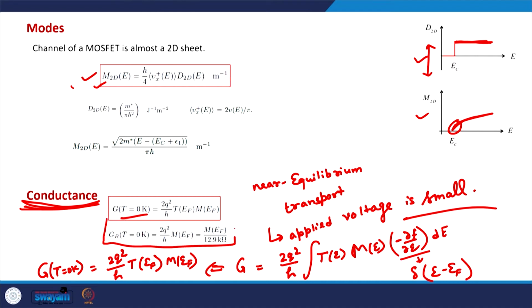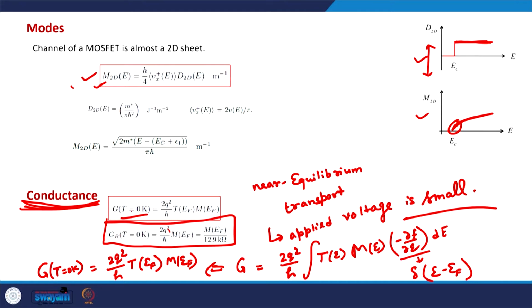If we make this calculation explicitly, for a ballistic conductor Te is 1 and this 2q squared by h is 1 by 12.9 kilo ohms. So, the conductance is equal to the number of modes divided by 12.9 kilo ohms, which means that the conductance of a single mode is 1 by 12.9 kilo ohms. The unit of conductance is the inverse of the ohm; the ohm comes in the numerator.